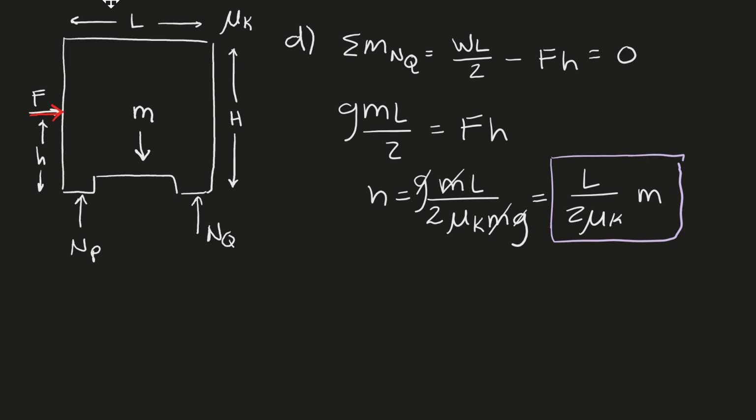Well, there you have it. The reason that is the moment when it tips is because that's when we're setting NP to 0 at that point. And when NP is 0, that is the moment that it tips. And there you have it. That's how you find them in terms of variables. It's not too bad.